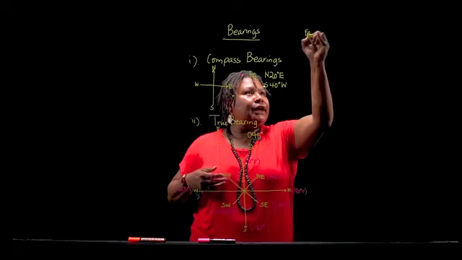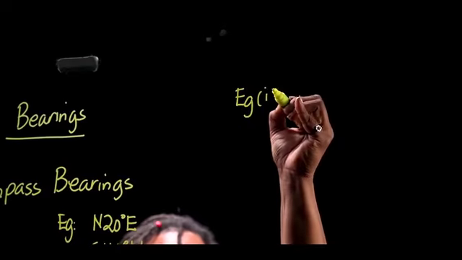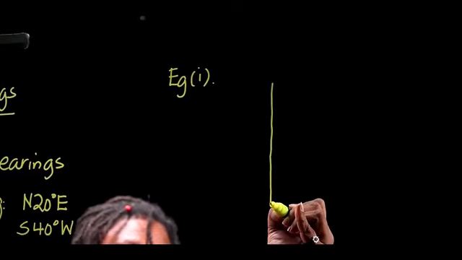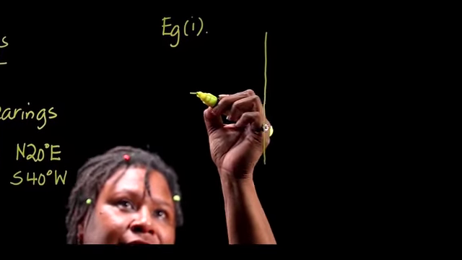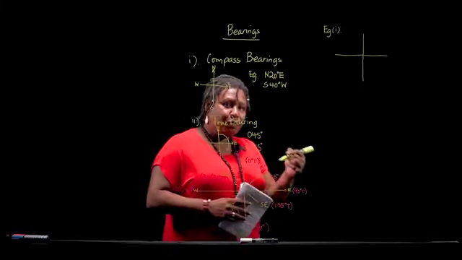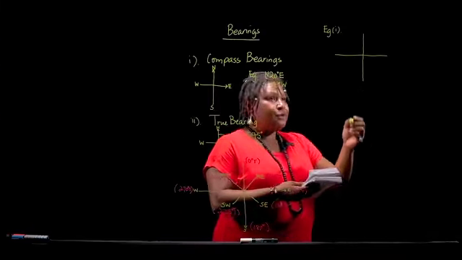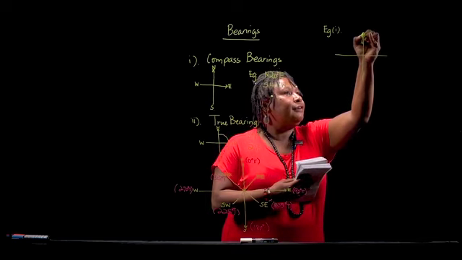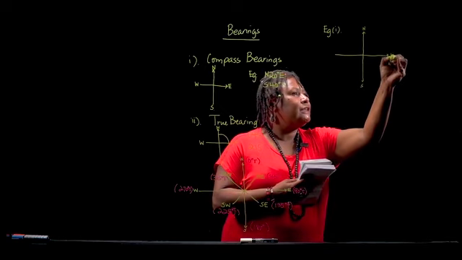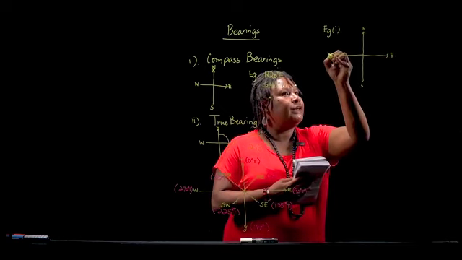Example number 1. Here we are given a direction, and we must give the bearing using both methods. So, we have north, south, east, and west.